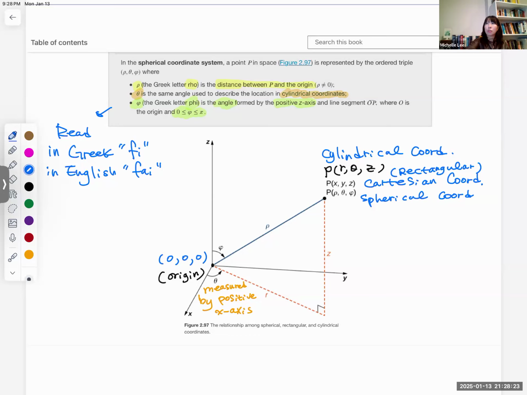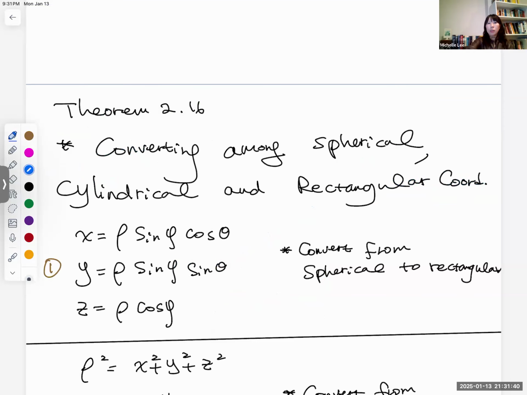Okay, so let me show how to convert spherical to cylindrical, cylindrical to rectangular, rectangular to spherical, and we did cylindrical earlier, right? So here is converting among spherical, cylindrical, and rectangular coordinates.